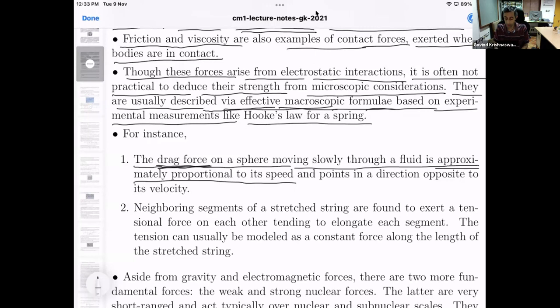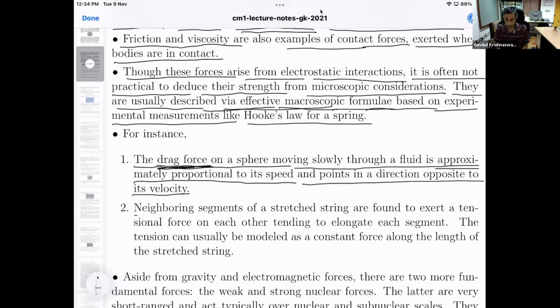And that it points in a direction opposite to the velocity of the moving body. So that is one way in which one might encode or summarize what the drag force is, by doing experiments with falling spheres in a jar of liquid.